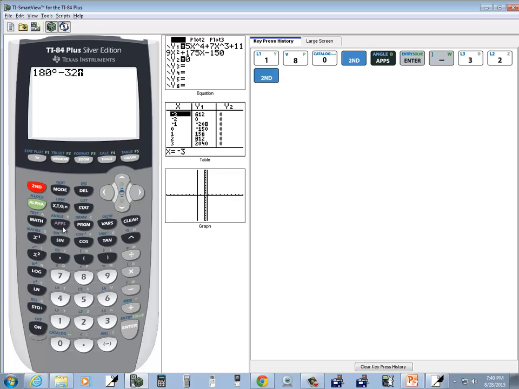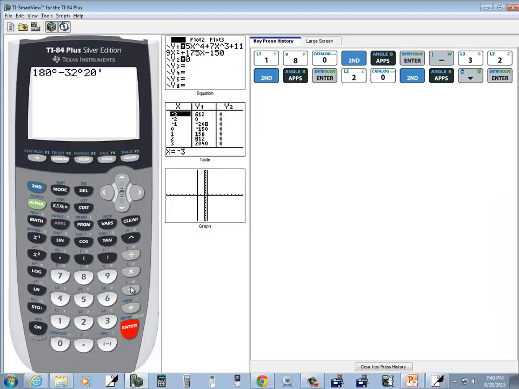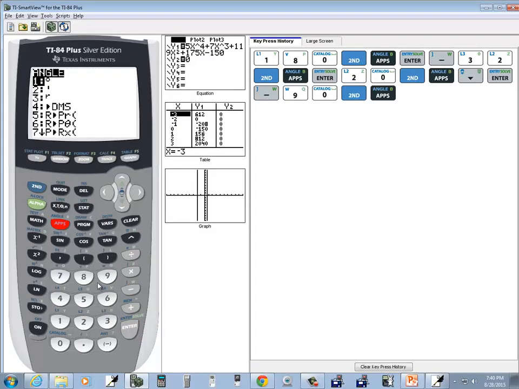Again, I'll go to my angle menu to get the degree mark. And then 20 minutes. Again, I'll go to the angle menu, second apps, and I'll choose minutes, which is the second one. Minus 90 degrees. Again, second apps, then enter on degree, and enter again.